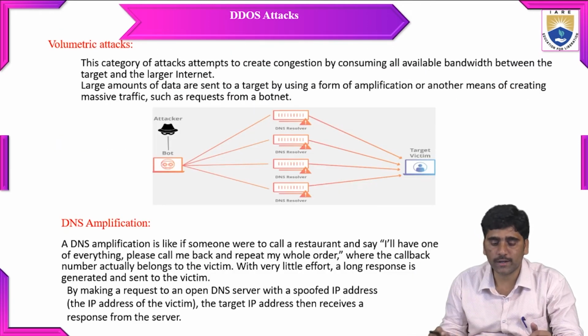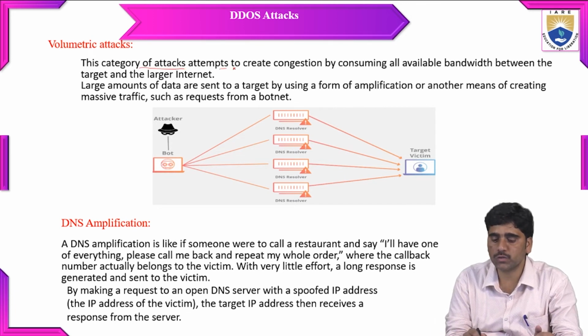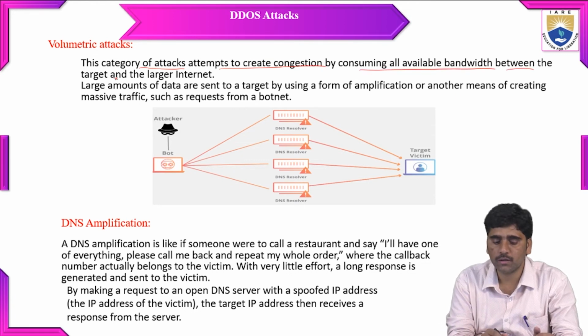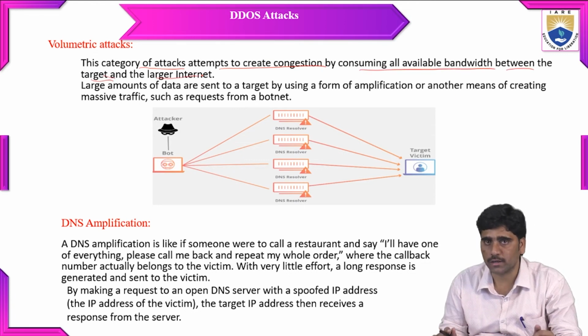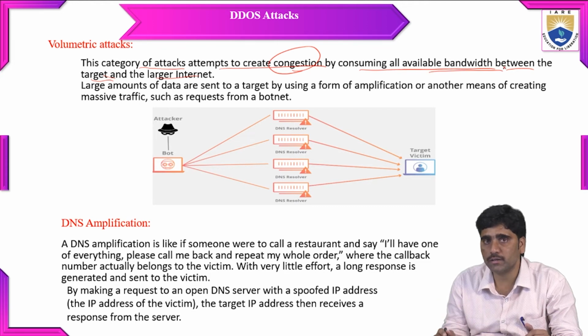And volumetric attacks. This category of attacks attempts to create congestion by consuming all available bandwidth between the target and the larger internet. Congestion means the space becomes unavailable, by consuming all available bandwidth between the target and the internet.